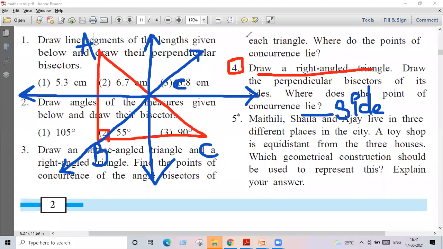So this point, I am showing you with green color. This point is generally what we call the circumcenter, and it lies on the side of the triangle.